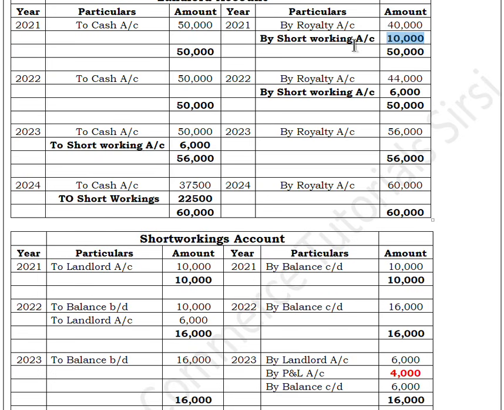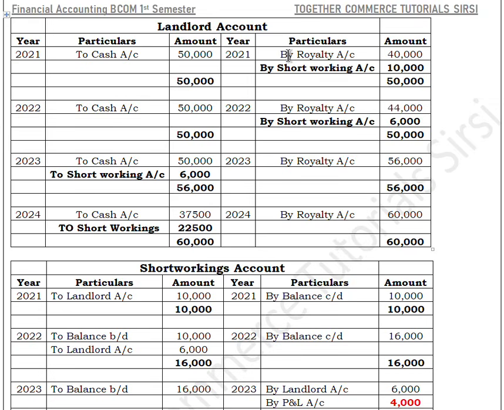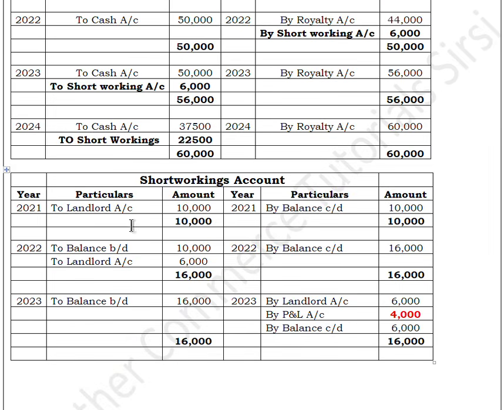So these entries here, by short workings 10,000, by short workings 6,000, to short workings, because the balancing figure here is on the two side, to short workings 6,000, to short workings 22,500. So all these entries, only short workings entries, will be coming on the short workings account. So by short workings becomes to landlord, because this is the short workings account, and the heading is landlord, so it becomes to landlord.